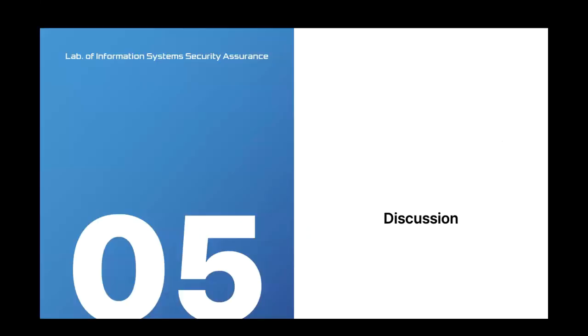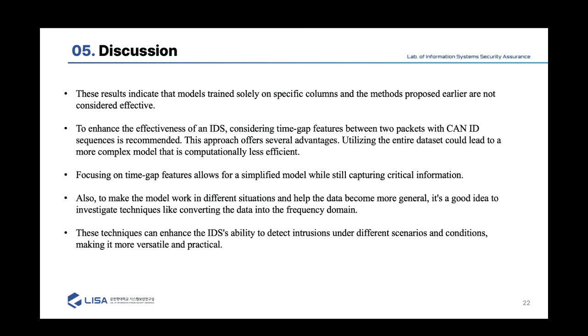And let's discuss the results and our research findings. Those results indicated that models trained on specific columns and the model proposed earlier are not considered effective. To enhance the effectiveness of IDS, considering time gap features between two packets with the CAN ID sequence is recommended.